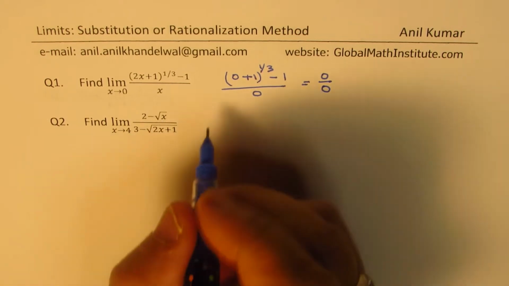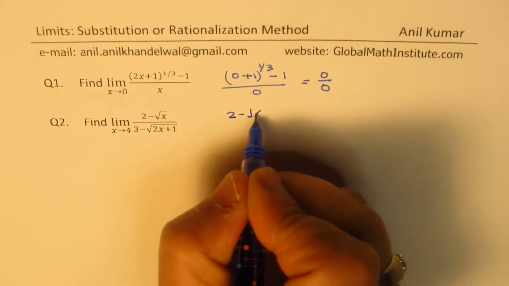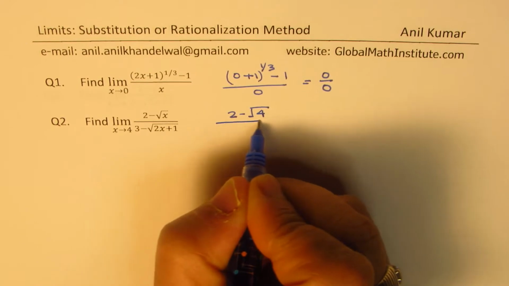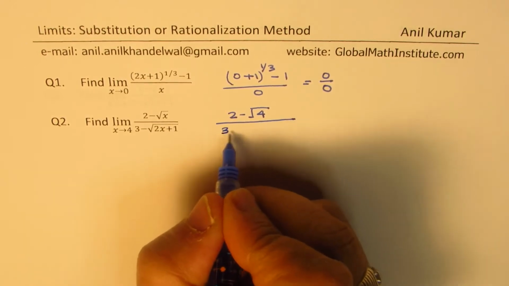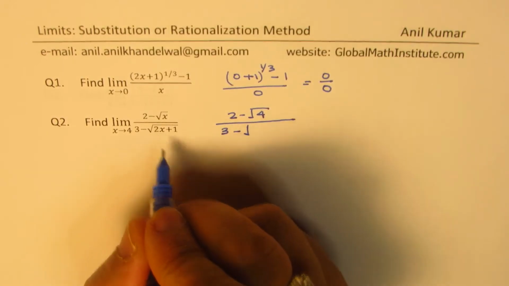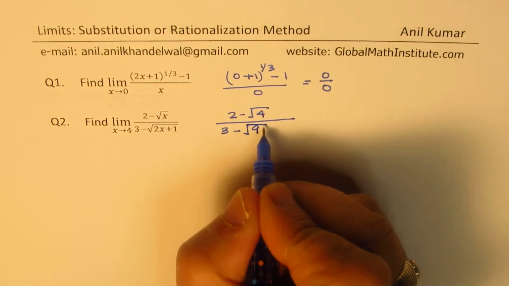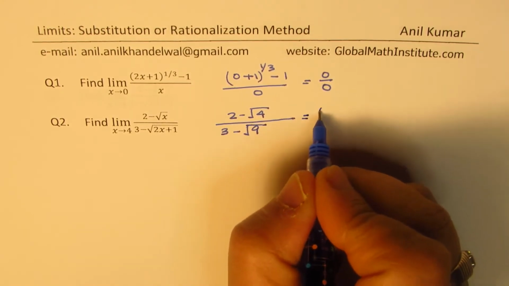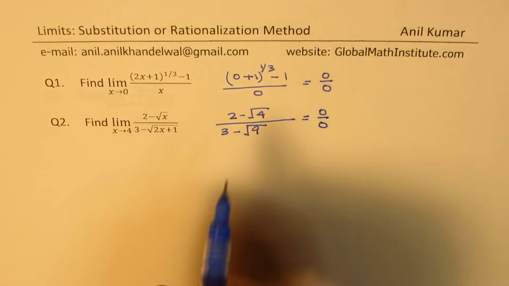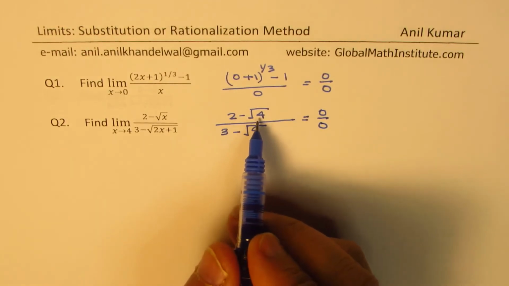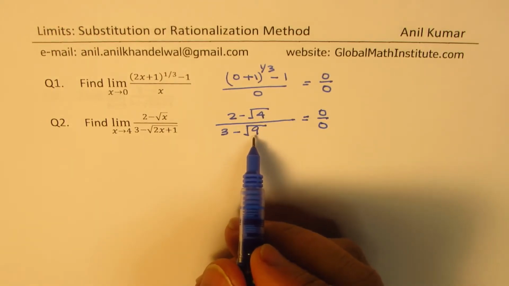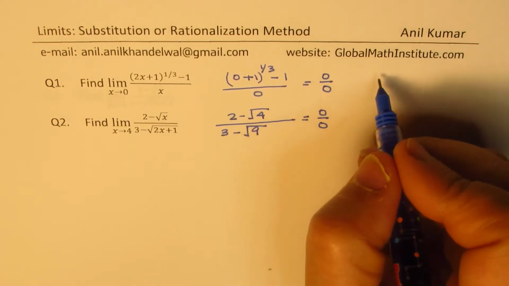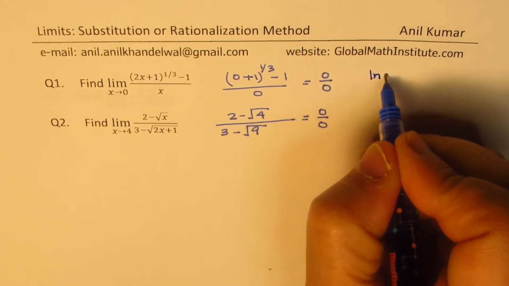So if I substitute 4 here, I get 2 minus square root of 4 over 3 minus square root of 2 times 4, which is 8 plus 1, so 9, right? Which is again 0 over 0. So 2 minus square root of 4 is 2 minus 2, and 3 minus square root of 9 is 0. So these are indeterminate forms.